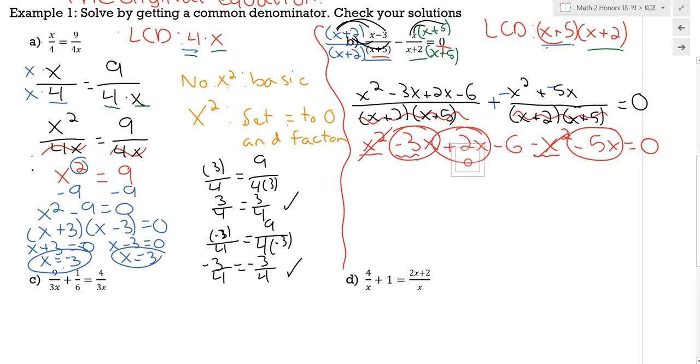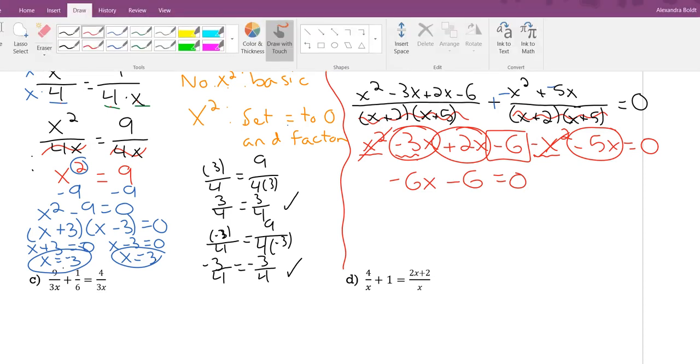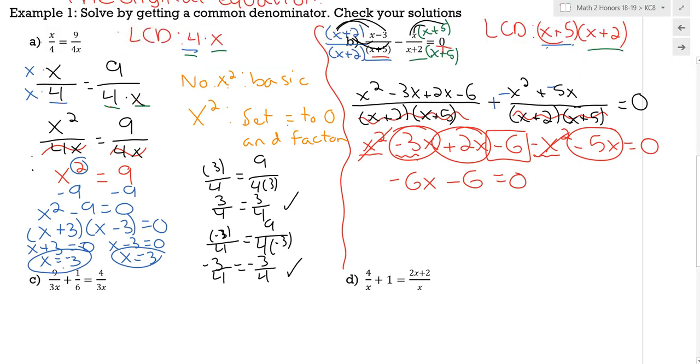Negative 3 plus 2 is negative 1, minus 5 is negative 6. And then I have a minus 6. So now I'm asking myself, is this no x squared or does it have an x squared? No x squared. So it's just basic factoring, or basic solving. I'm getting x by itself.